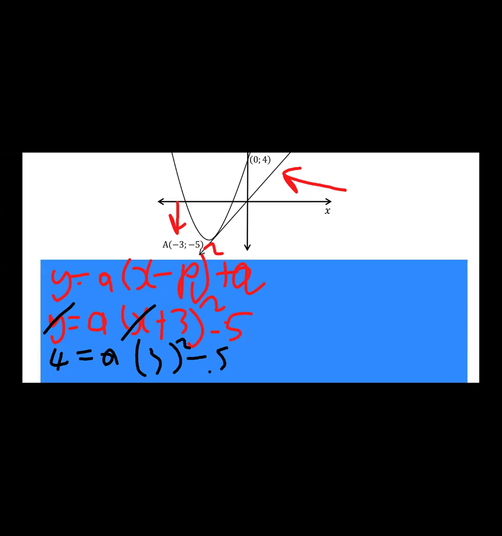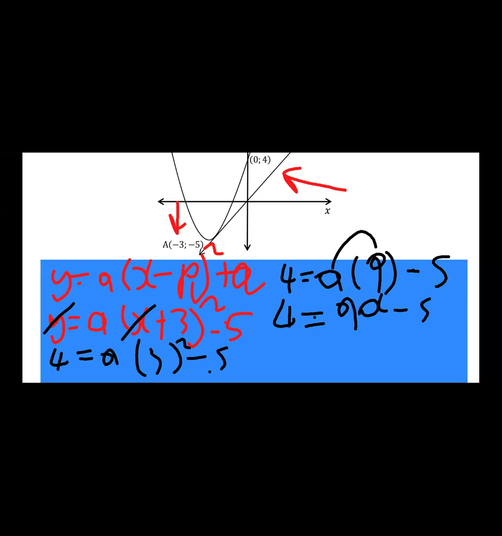So 4 equals a times 3 to the power 2, which gives you 9, then -5. So 4 equals 9a minus 5.